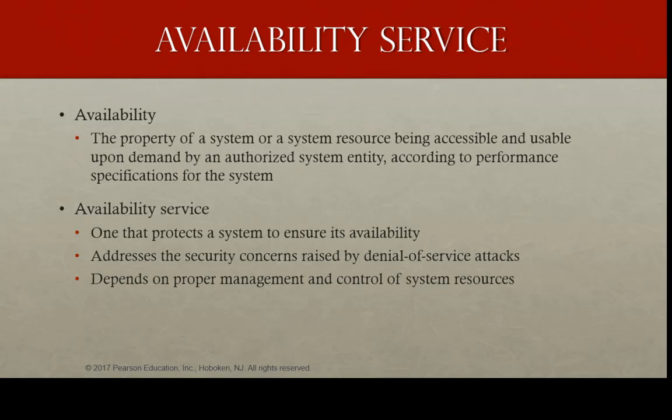Availability service. Both X.800 and RFC 4949 define availability to be the property of a system or a system resource being accessible and usable upon demand by an authorized system entity according to performance specifications for the system. For example, a system is available if it provides services according to the system design whenever a user requests them.